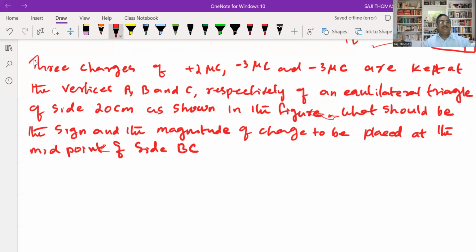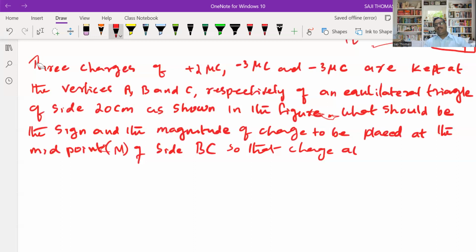The midpoint name is given as capital M. At the midpoint M of side BC, so that the charge at A remains in equilibrium.